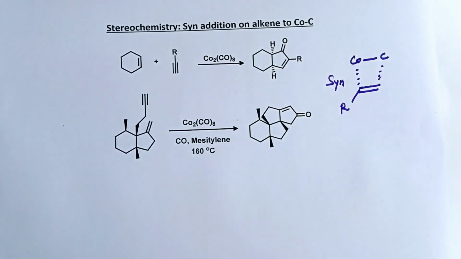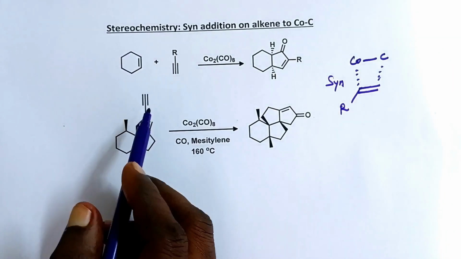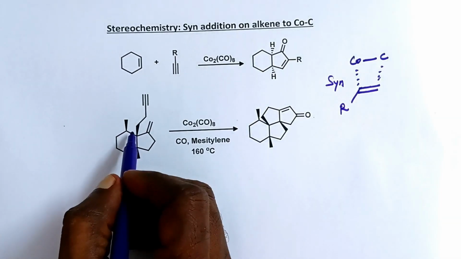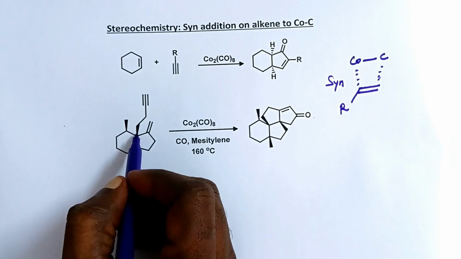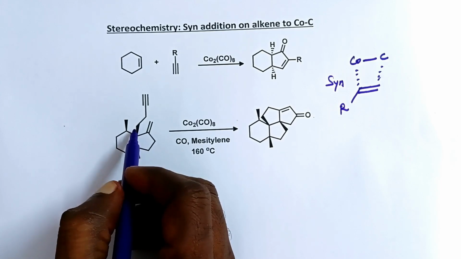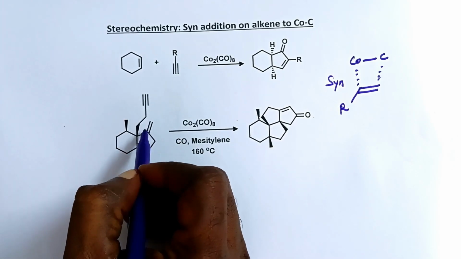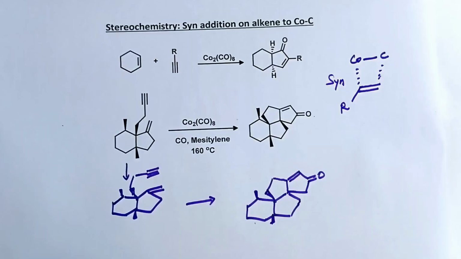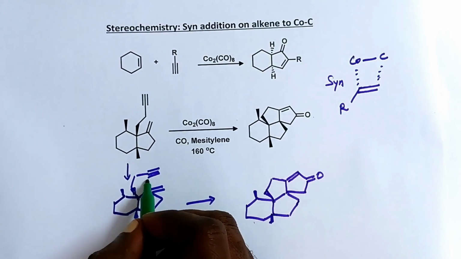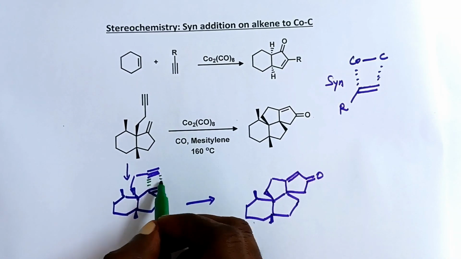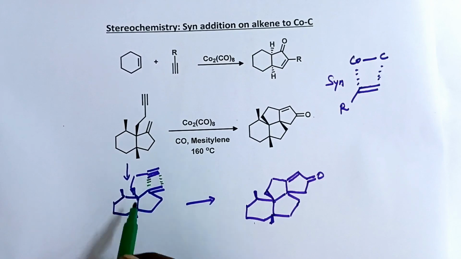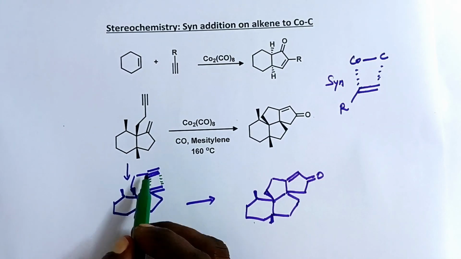Now look at this example, intramolecular cycloaddition. Look at this bond at the ring junction. This is above the ring, beta. That means the alkyne will come above the alkene. Now the addition is syn addition. Alkyne comes above the alkene.